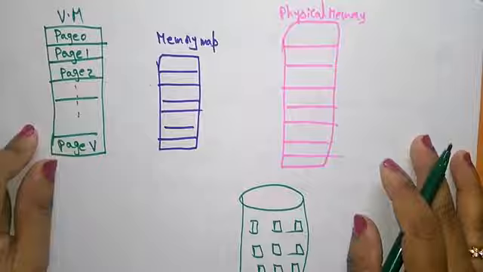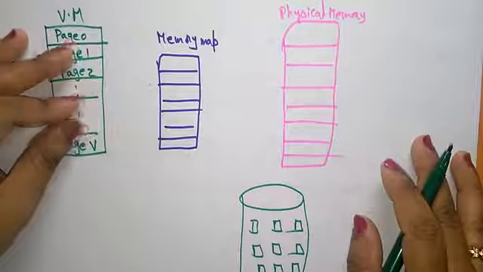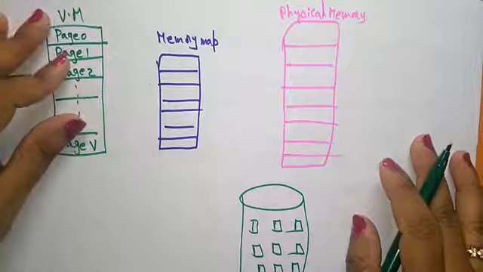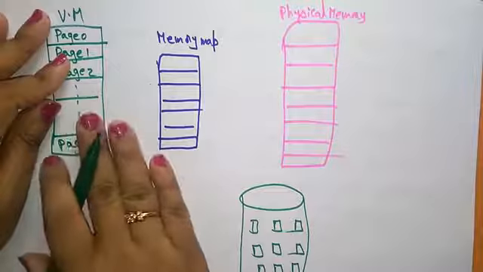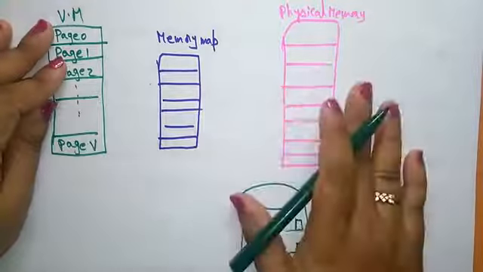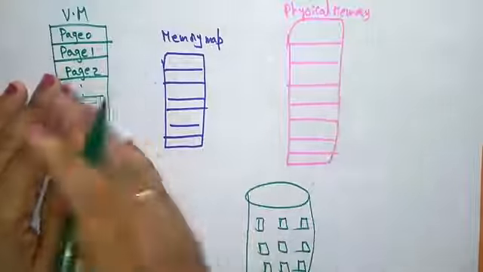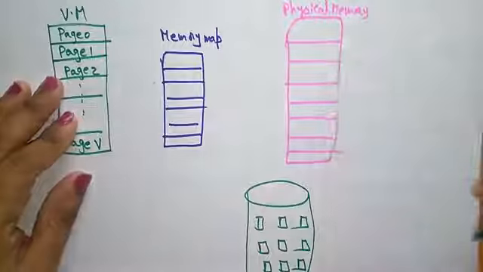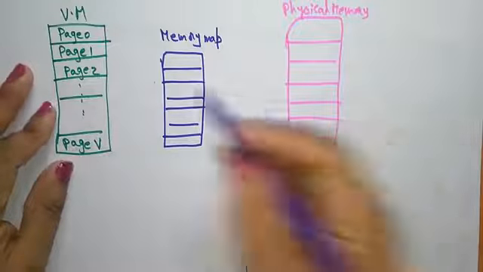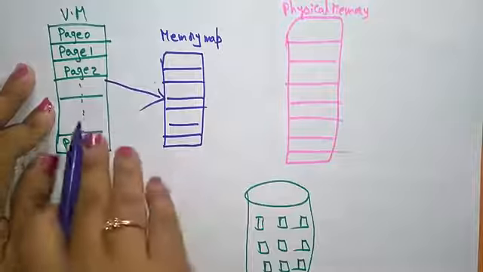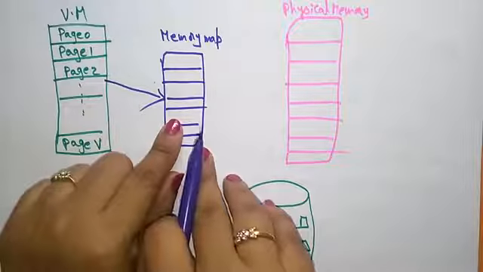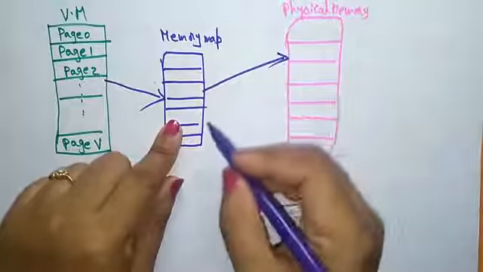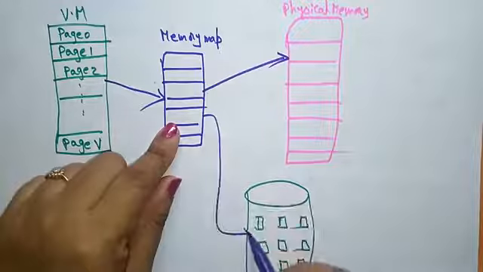Whatever program the CPU is executing uses the virtual memory technique. The user process, whatever program we write, uses virtual memory. The virtual memory sends the pages to the physical memory to store or retrieve data, whether it is present in the disk or in the physical memory. The pages of the virtual memory are stored in the memory map page, which sends the information to the physical memory or to the disk.